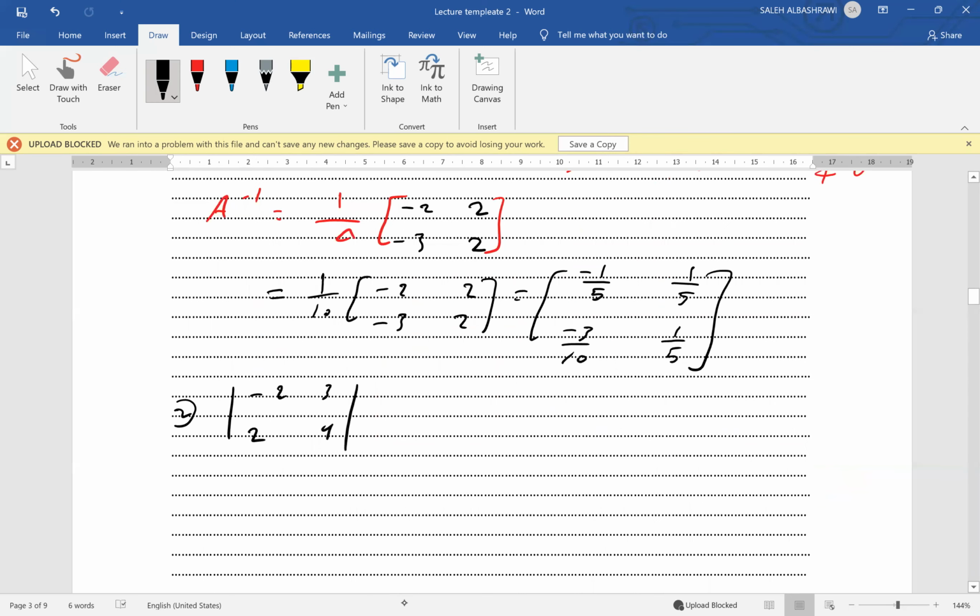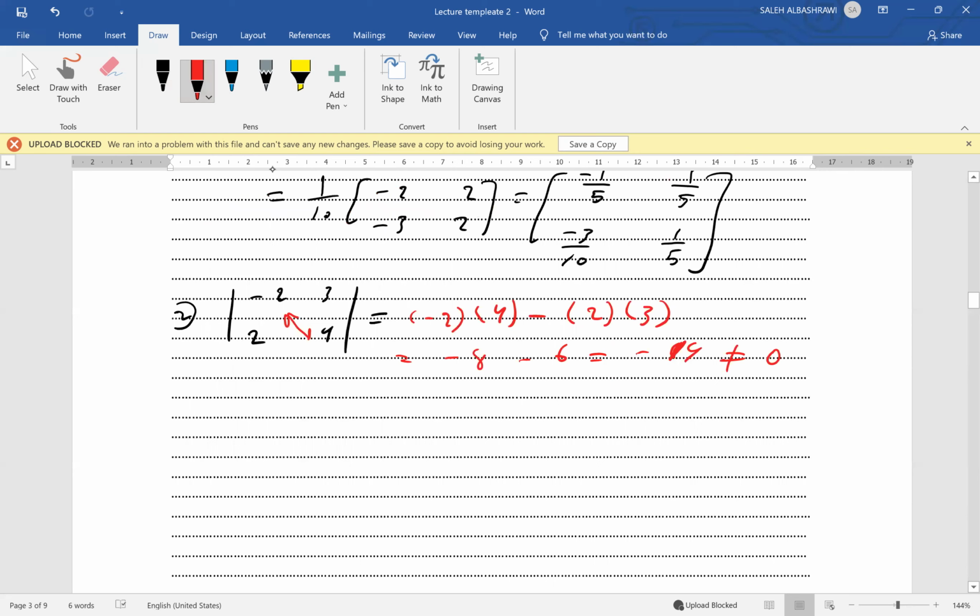Finding the determinant as in the first step, I take the main diagonal: minus 2 multiplied by 4 minus 2 times 3, which gives minus 8 minus 6 equal to minus 14. Since it is not equal to 0, this matrix has an inverse.